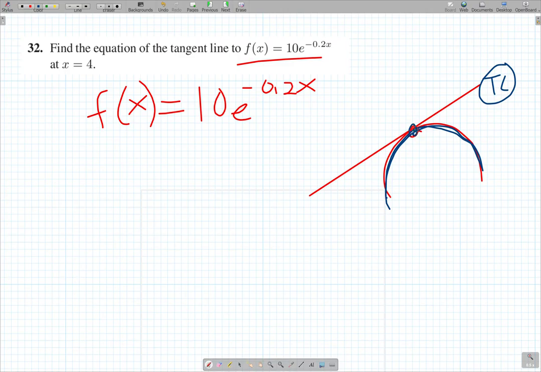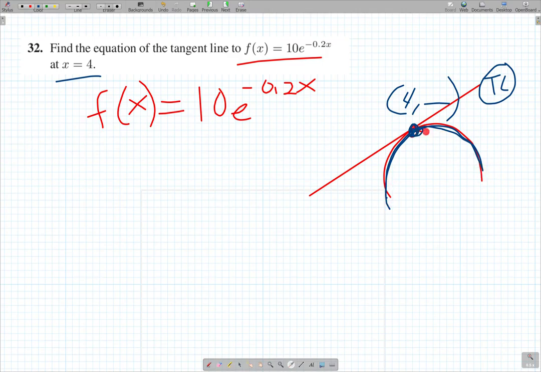So ano kaya point dito, class? Point of intersection. So may binigay siya na x equals 4. So ibig sabihin ang point dito 4 and a certain value of y. Ano ang y natin dyan? Okay? So ang y, class, no? Kasi nasa point 4, ang x is equal to 4, nasa equation din naman yan, na nasa graph din naman ito ng 10 e to the power of negative 0.2x.